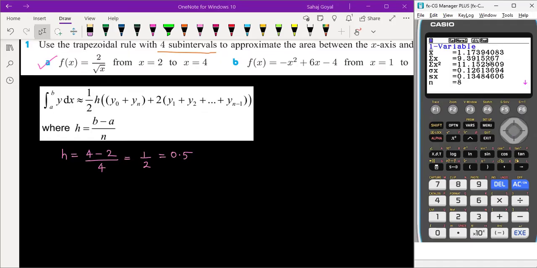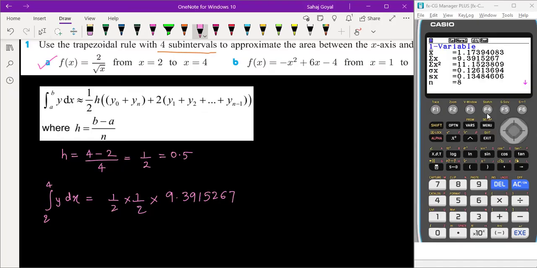So the integral from 2 to 4 of y dx will be equal to 1 by 2 into 1 by 2, because as per the formula h is 1 by 2, into the sum that you have, which is 9.3915267.